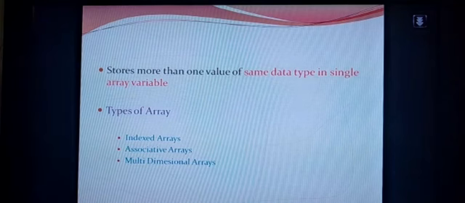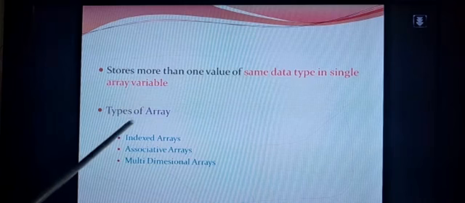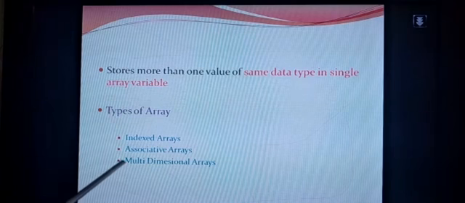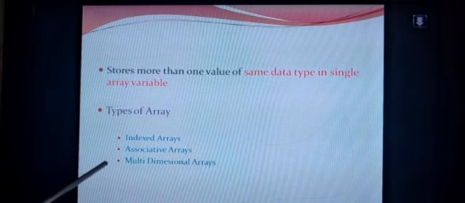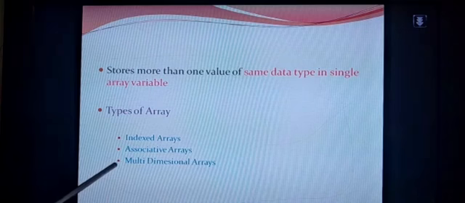It means that a single variable can have any number of data, the same kind of data. There are three types of array. First one is index array, second one is associative array, third one is multi-dimensional array.